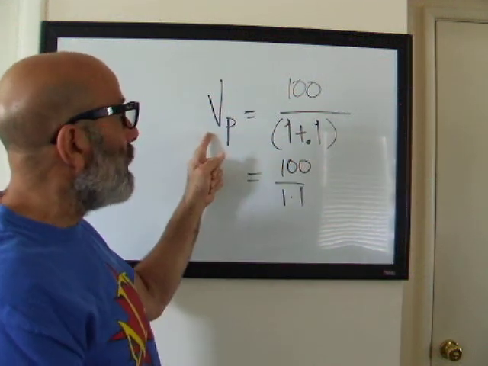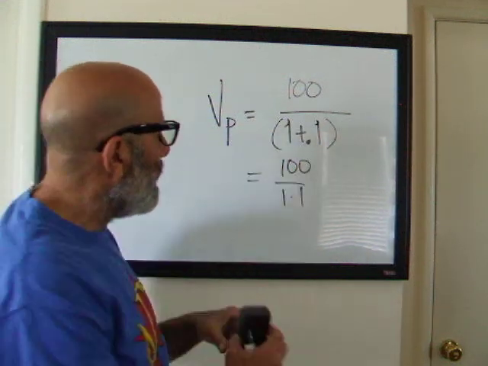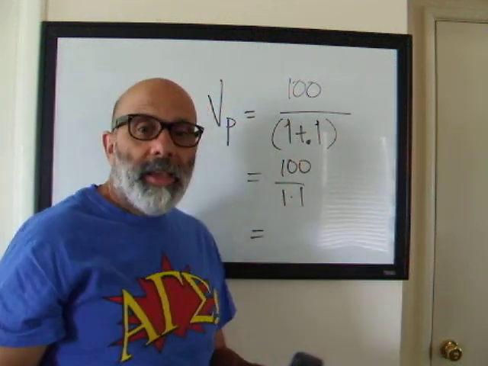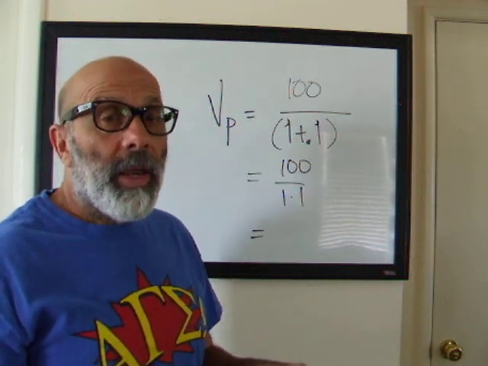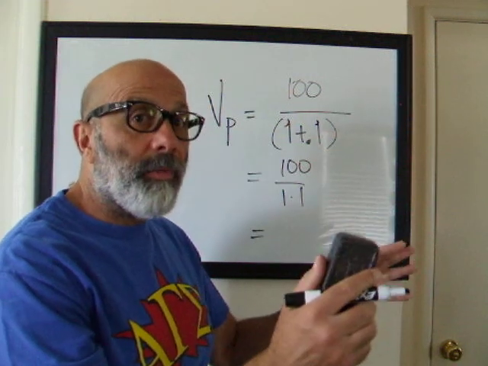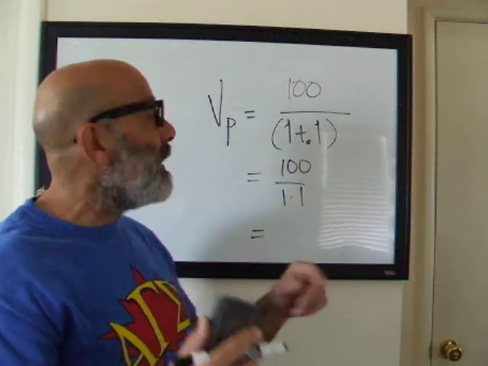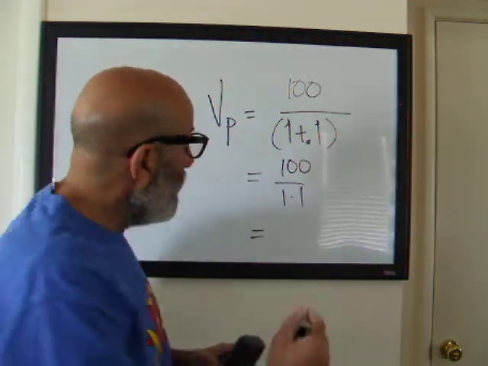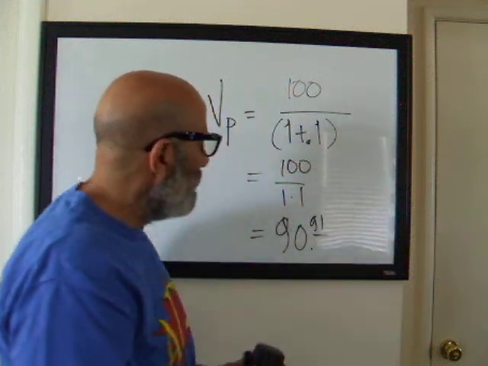Let's do it again. The present value of $100 to be received 1 year from now at a rate of 10%. Hey guys, other things being equal, if I make an investment right now and it's going to generate $100 for me in extra revenue from extra output in the future, and I get it all paid at the end of the year and I have to pay 10% for it, that present value is $90.91.